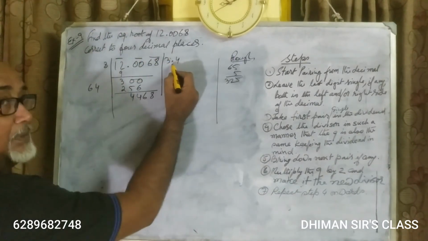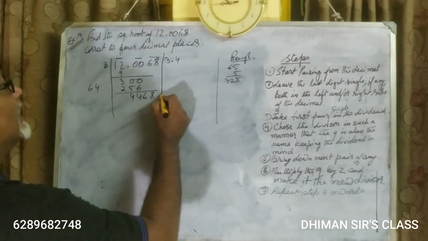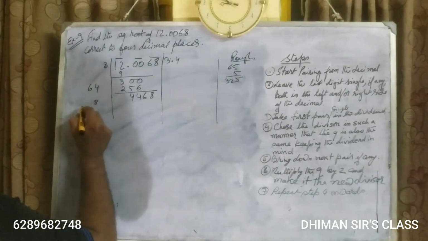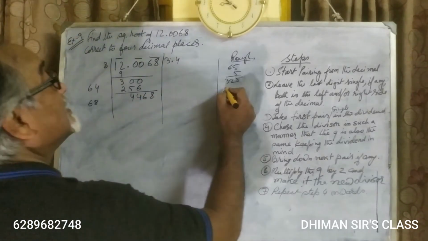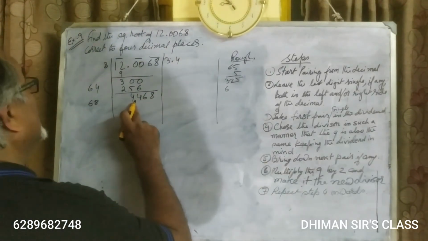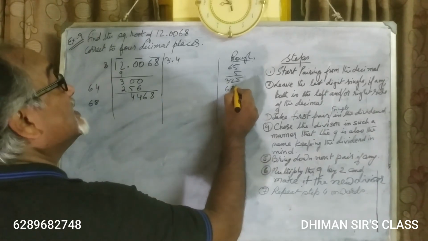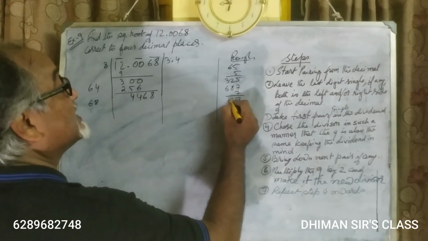So after decimal, 1 digit we got, we have to continue up to 5 digits. So now 34, forget the decimal, 2 4s are 8, 2 3s are 6. Now 4 4 6 8, that means 6 7s are 42. Let us see up to 7. 687, 7 7s are 49, carry 4, 7 are 56, 60, carry 6.